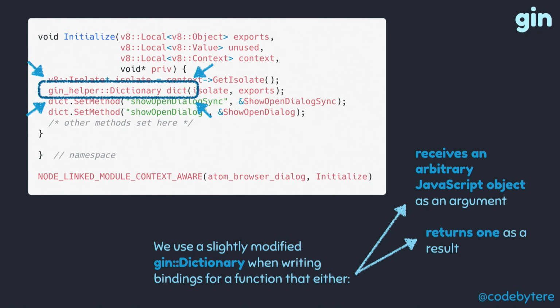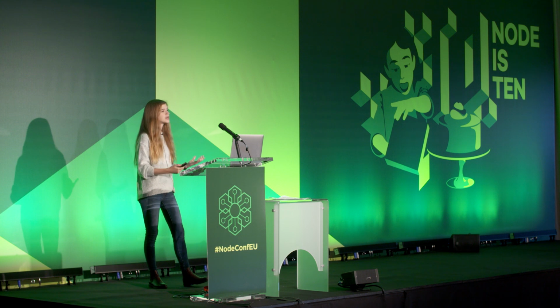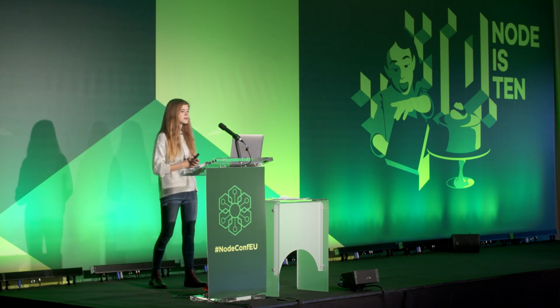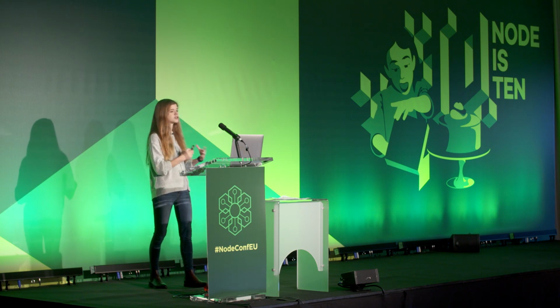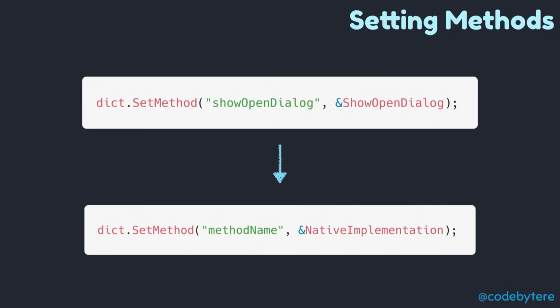This is perfect for our use case here. We want to create a simple JavaScript object containing a function that takes in parameters and then uses them to create a native open dialog. To do this, we can call a function called SetMethod on the Gin dictionary in order to attach our native implementation of showOpenDialog to the underlying object for export.